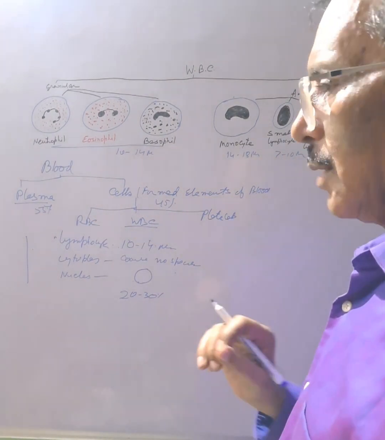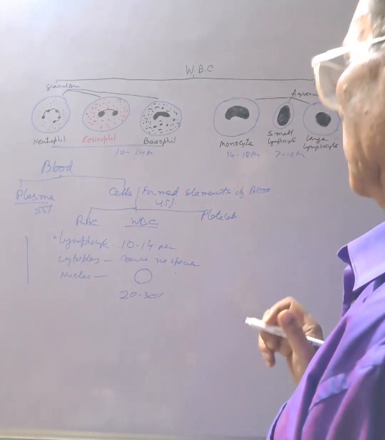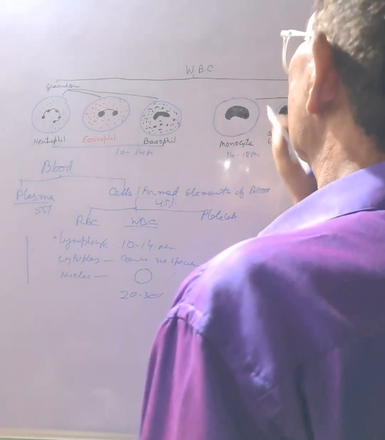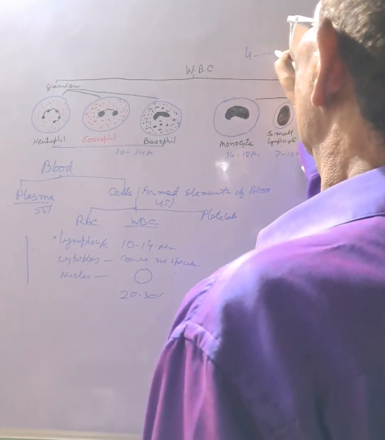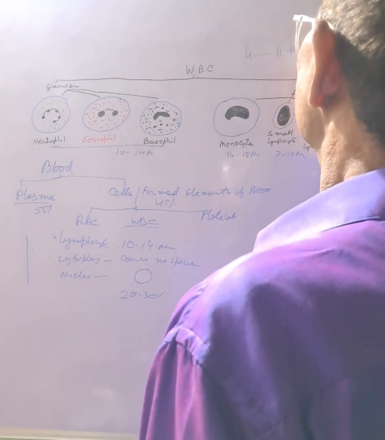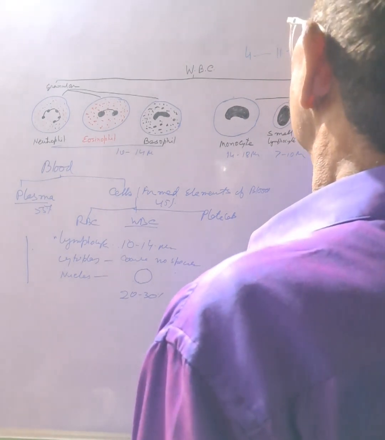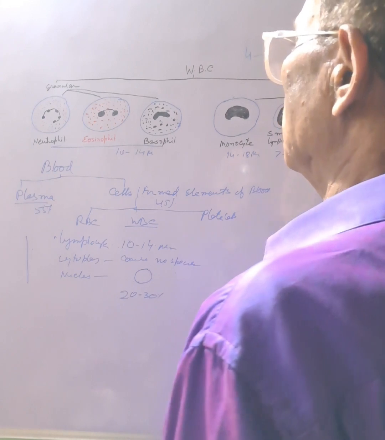What is the normal count of WBC? The normal range is 4 to 11,000 per cubic millimeter of blood.